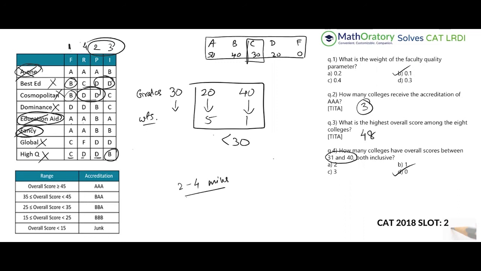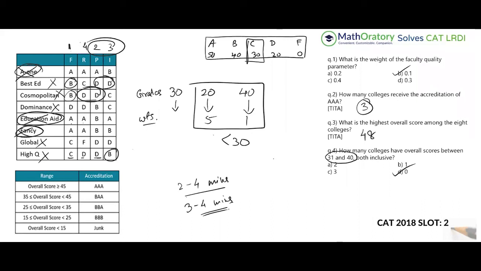You just have to find the weight of the faculty equality parameter, and that was initially figured out. But for the next 3 questions, if you are good with allegation techniques and weighted average techniques, that becomes a little easier. It would depend on how acquainted you are with those kinds of ideas. So depending on that, these 4 questions would take somewhere in the range of 3 to 4 minutes.